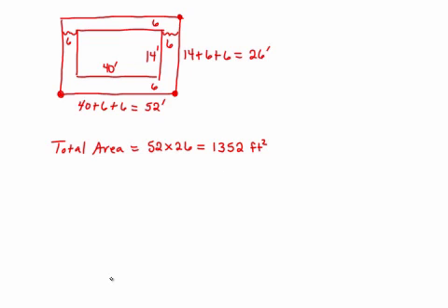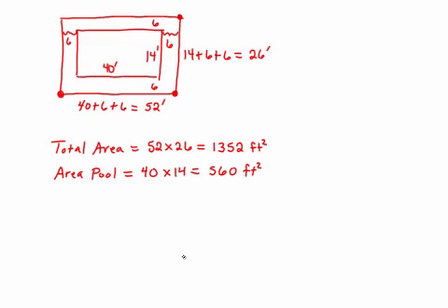Okay, but that's not the area of the deck, because right now that's the area of the deck and the area of the pool. So what I need to do is find the area of the pool. And my pool is 40 by 14, so it's 40 times 14, and that's 560 square feet.